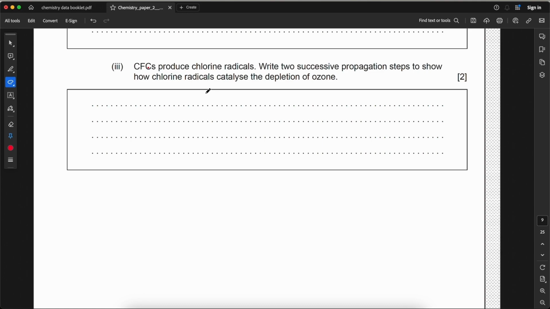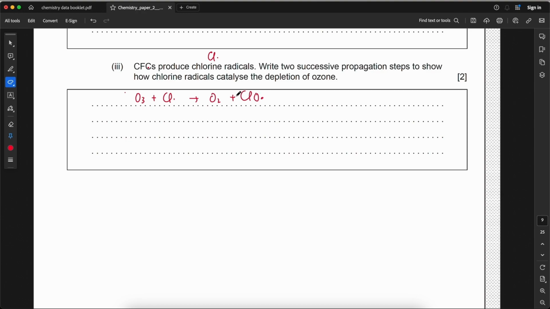CFCs produce chlorine radicals. Write 2 successive propagation steps to show how chlorine radicals catalyze the depletion of ozone. So propagation is when you produce the reactive molecule. So of course we start with the chlorine radical. Then for the propagation, it will react with ozone, producing O2 and ClO radical.